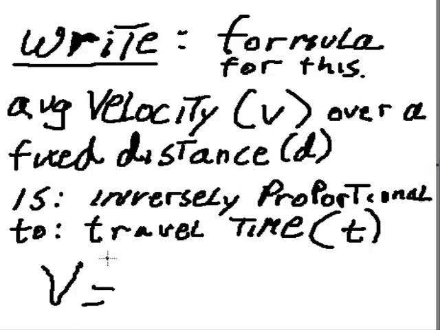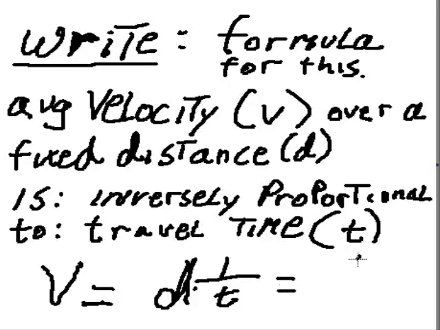It's inversely proportional to travel time. So there's the travel time, and over a fixed distance d times 1 over t. So here it is, average velocity is equal to distance times 1 over t, or d over t.